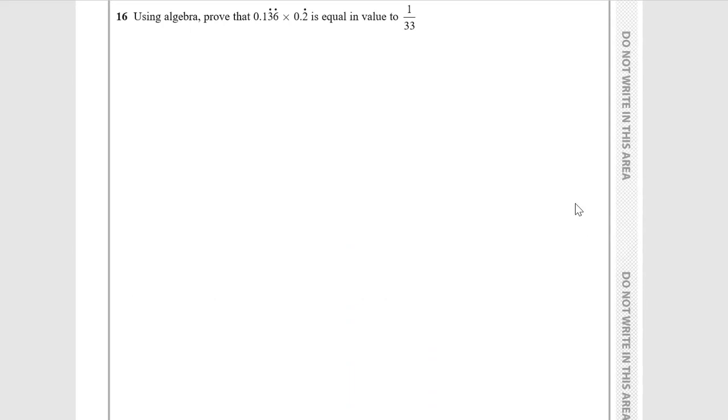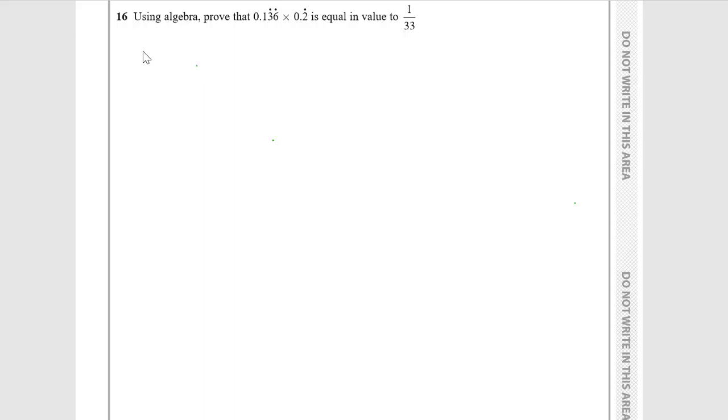Question 16. So using algebra, prove that 0.136 recurring multiplied by 0.2 recurring is equal in value to 1/33. So in this case we can say the following.